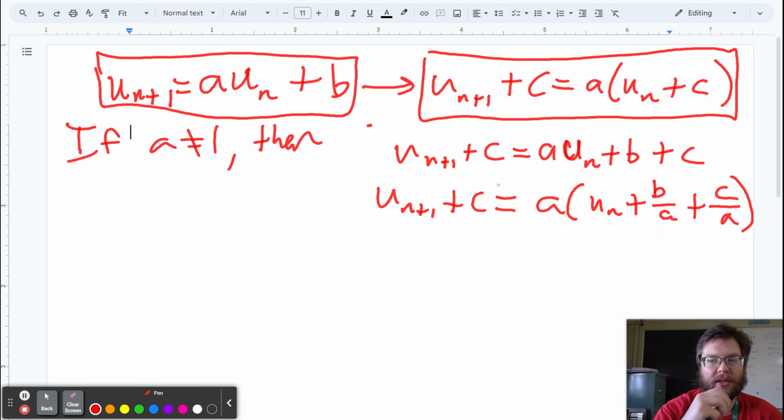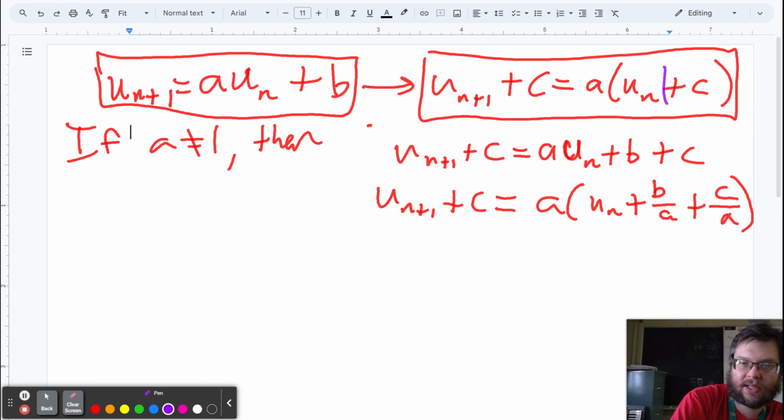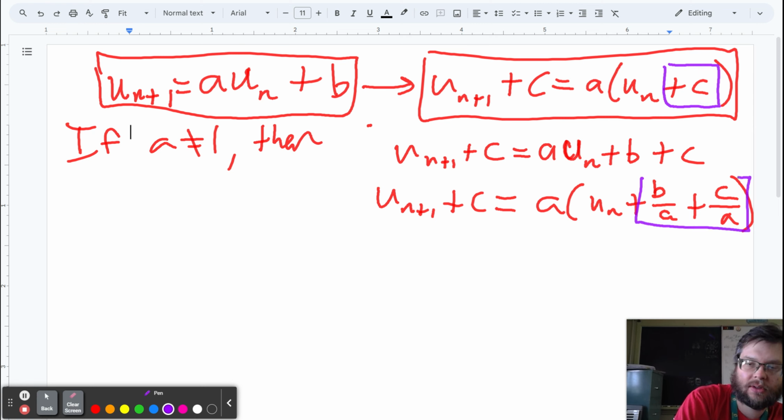And so somehow we need to relate this new expression to the old expression. Okay. And so what I'm noticing is that my plus c here has to be equal to all of that stuff there.